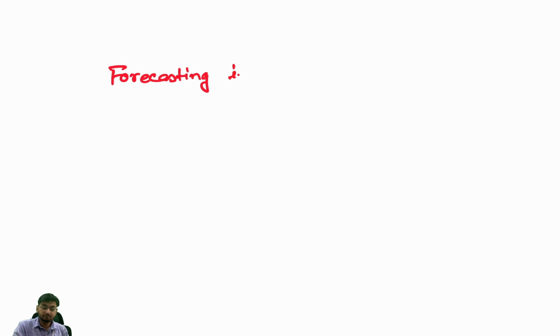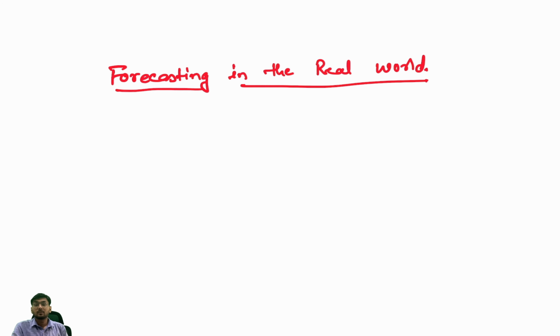We know that prices are not stable, things are changing all the time, but still we want to do the forecasting. Now, if I ask you what happens to your favorite chocolate bar if the cocoa price doubles, what will happen to the price of your chocolate?